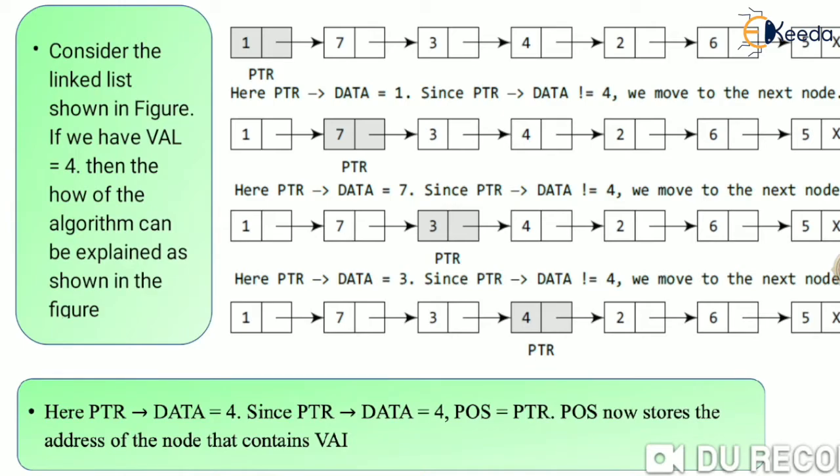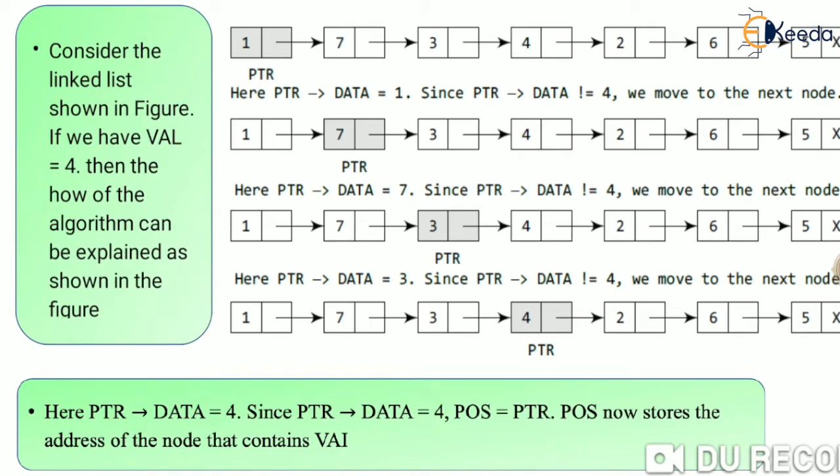Why are we stuck to that position? Because we want the element 4 and now we got that particular node. So that's why the POS is pointing to the address of that particular node, and we stop our search as we got the value 4. In the previous algorithm, what we were using was val is not equal to null.